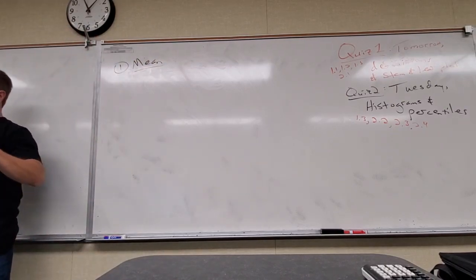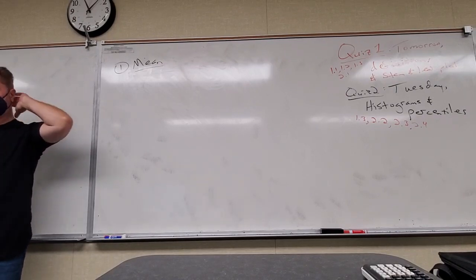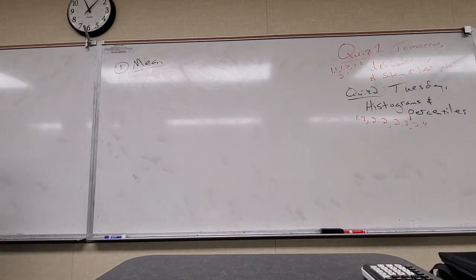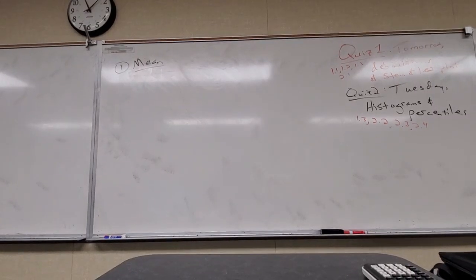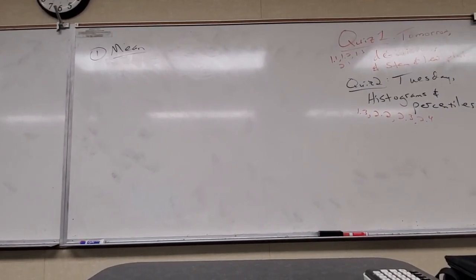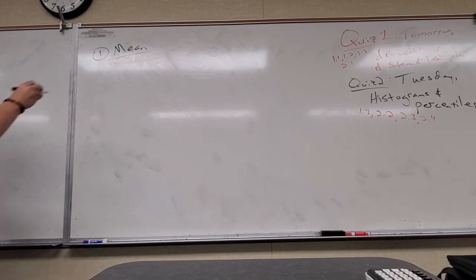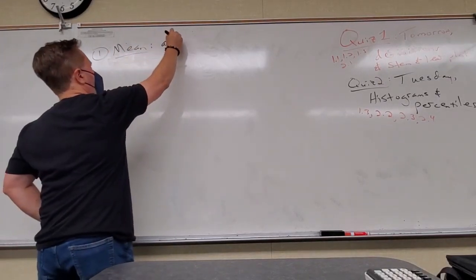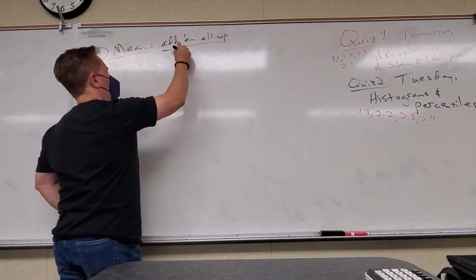This is where we get our first little taste of what a formula looks like in statistics. So be ready. Can somebody please tell me, given a set of data, how do I calculate the mean? Divide by how big all this are. I love it. So I'll put it down in English. To calculate the mean, add all up, divided by how many there are.